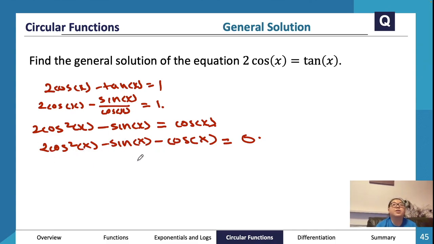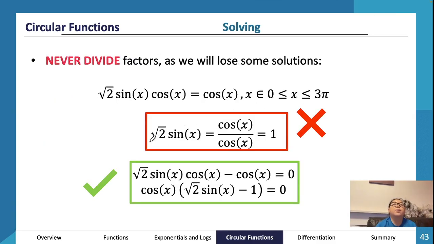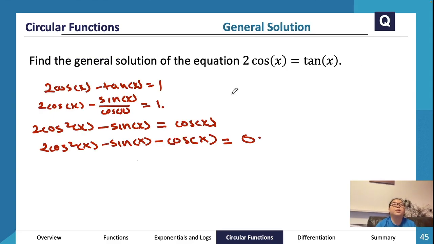Just like for the previous question, when we had our 2 sine squared x times cos x minus our cos x, we can do something similar, where we try to take out the components that we already have, what we can see is common between the two. So if we move back onto this page, the first thing we can take out here is our cos x, which is going to revert us back to here.